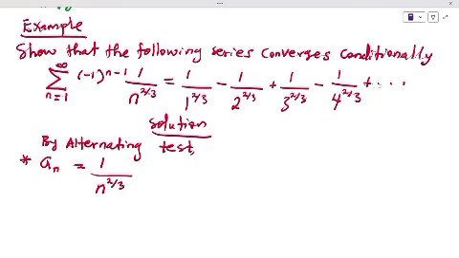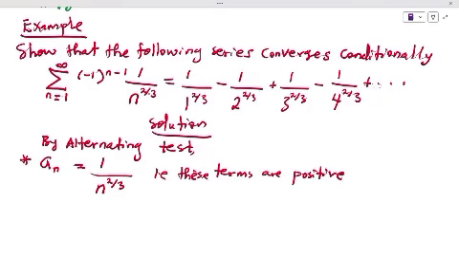If you look at it, this is positive. These terms are positive. Take a look at it, it's a positive term. So that's one of the conditions.